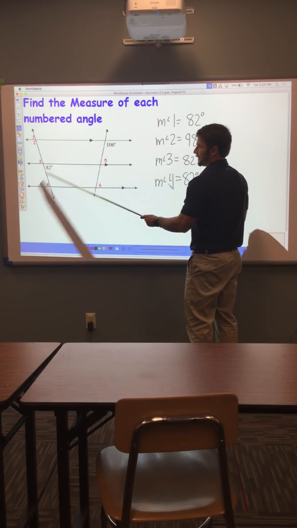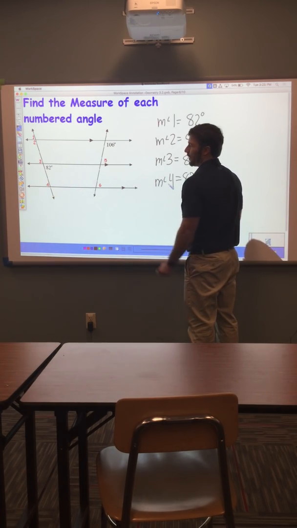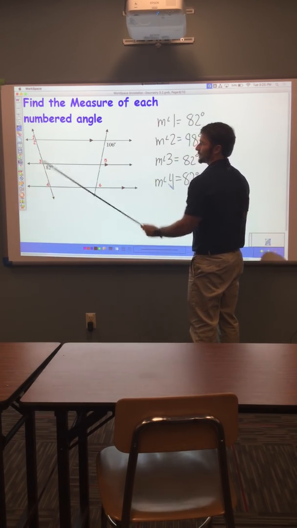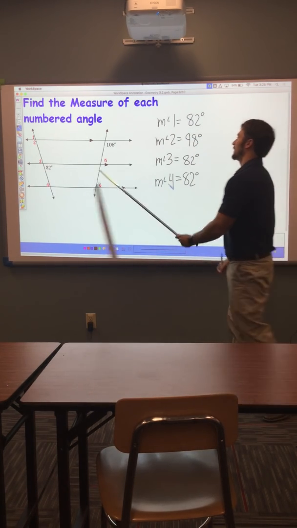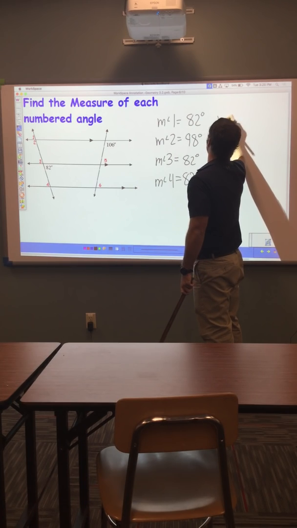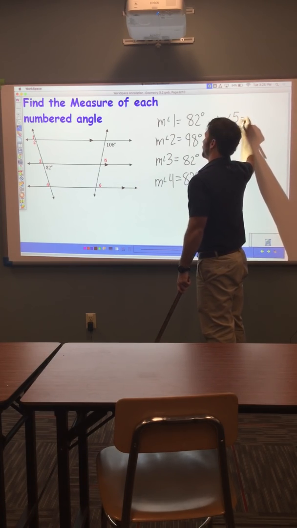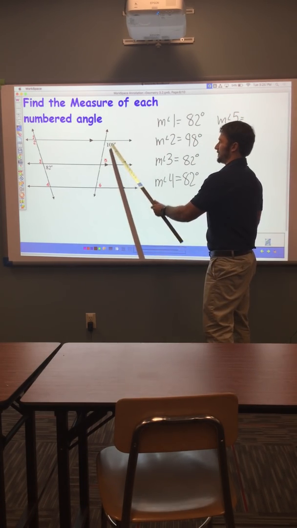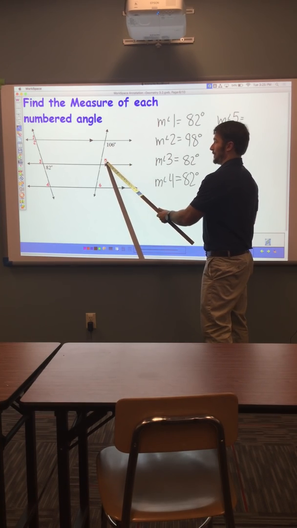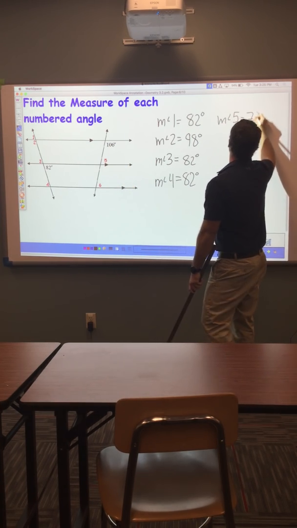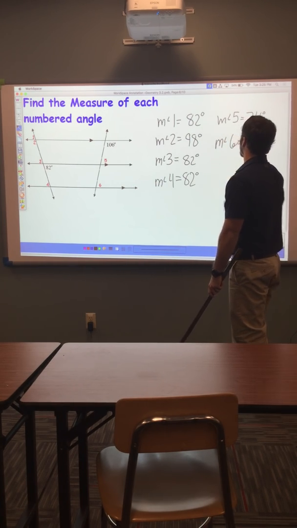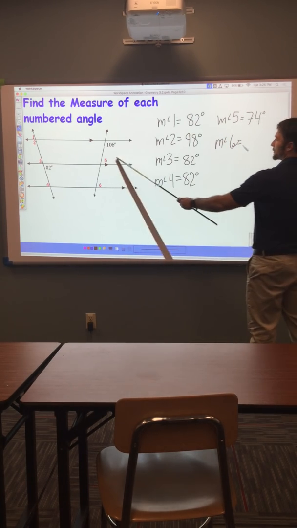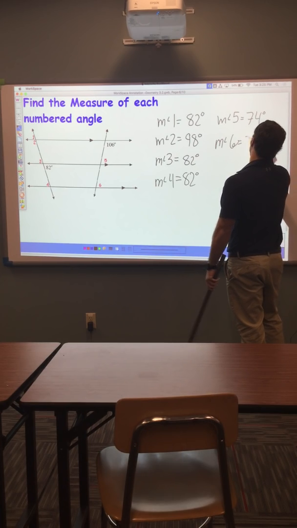Either because you can say these are alternate interior, or 3 and 4 are also corresponding, so either way. Then we move over to this side, angles 5 and angle 6. So measure of angle 5, same side interior, so supplementary. 5 is 74 degrees, and the measure of angle 6 is corresponding with 5, so that's also 74 degrees.